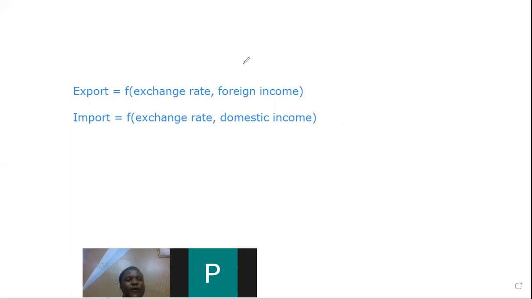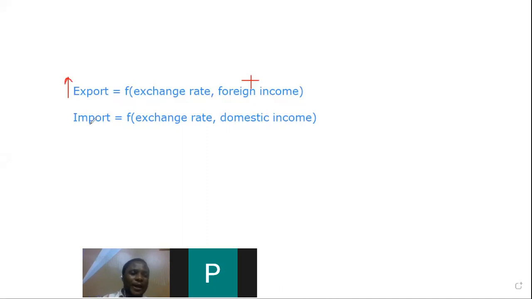Now for foreign income, the relationship between export and foreign income is positive. Meaning, if the income of the advanced economies improves, that is the income of the US and all those foreign economies, the people that buy from us, you expect exports to improve.